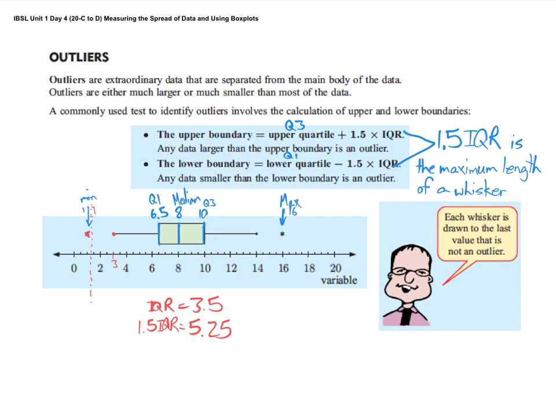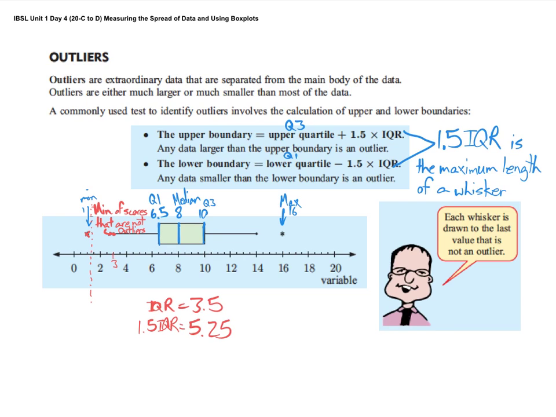So this is the minimum of the scores that are not outliers. That's 3, right? That's this right here.